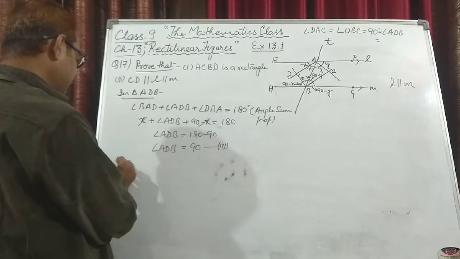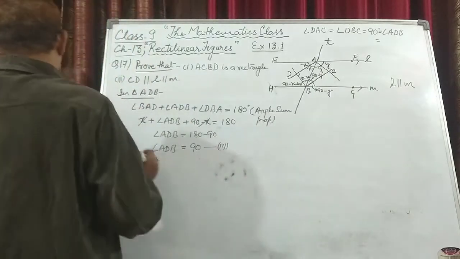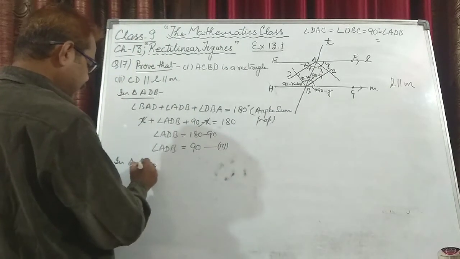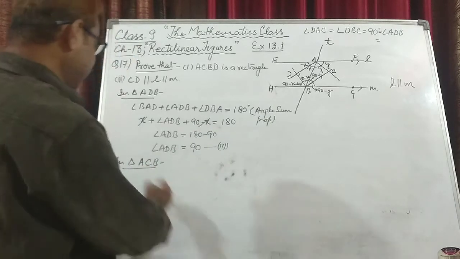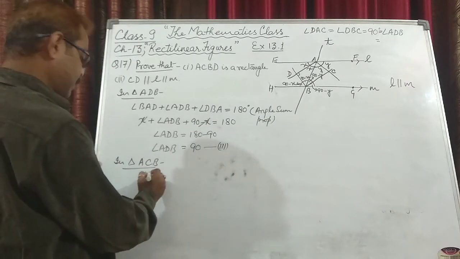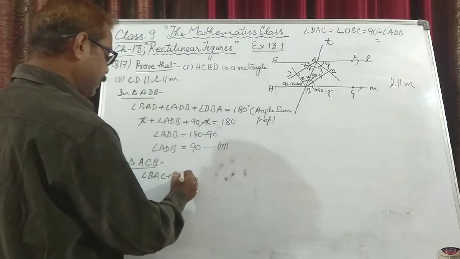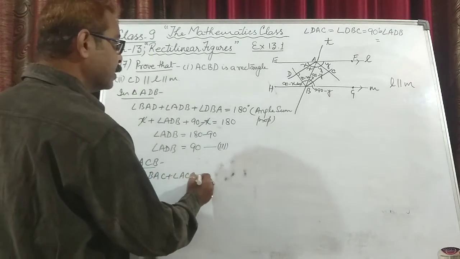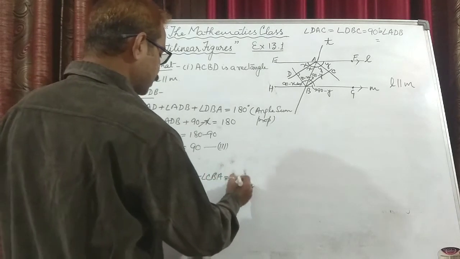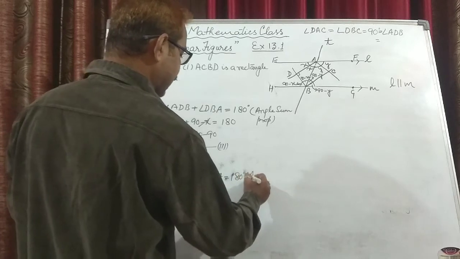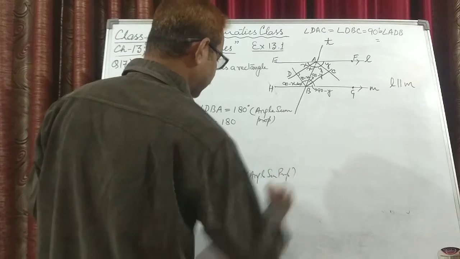Now we will talk about this angle. Similarly, we will take triangle ACB. In triangle ACB, we can say angle BAC plus angle ACB plus angle CBA is equal to 180 degrees. Reason again, angle sum property.